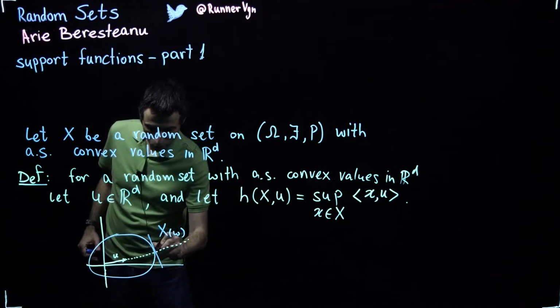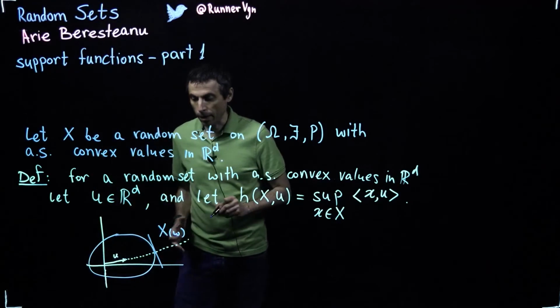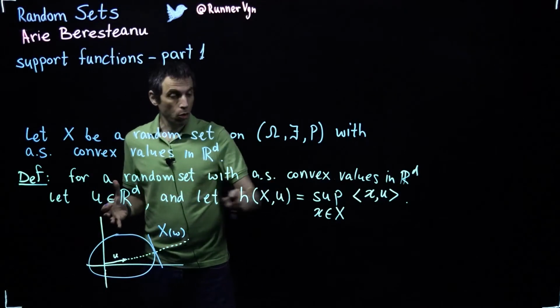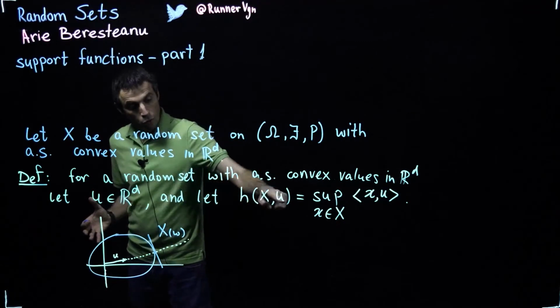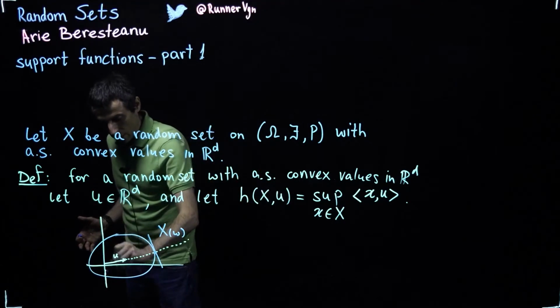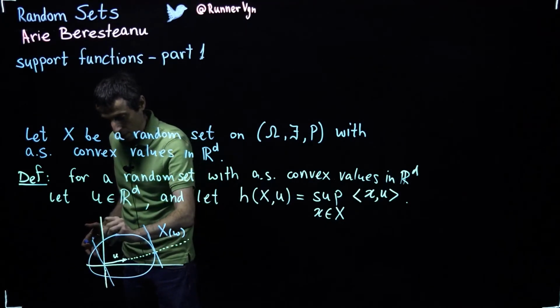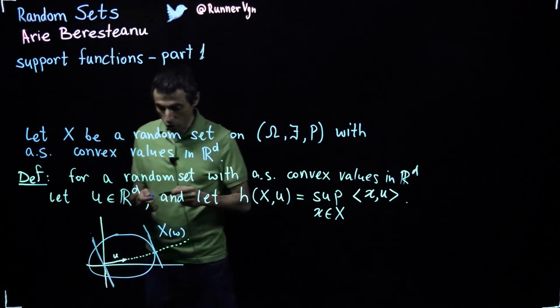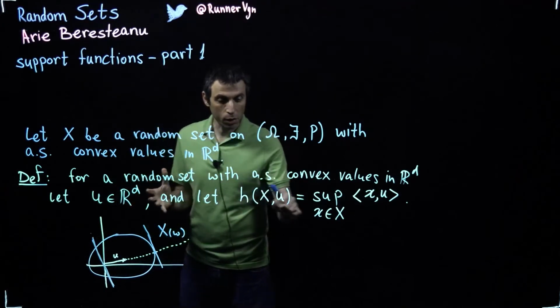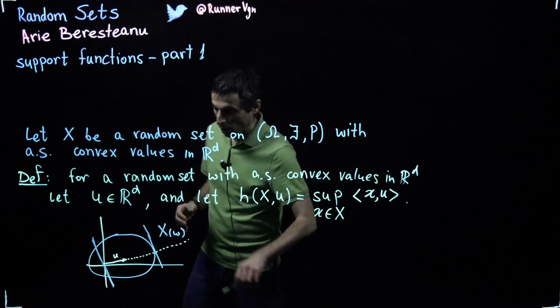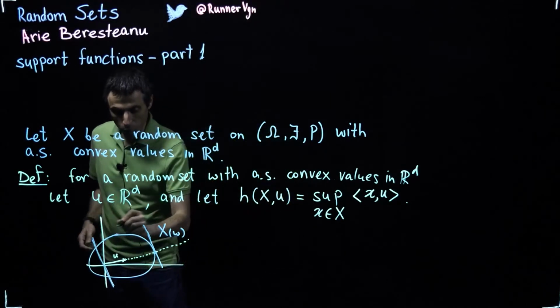And h_X(u): let's draw the parallel here. So these two lines hopefully look somewhat parallel. h_X(u) in this direction is going to be the distance between these two lines.